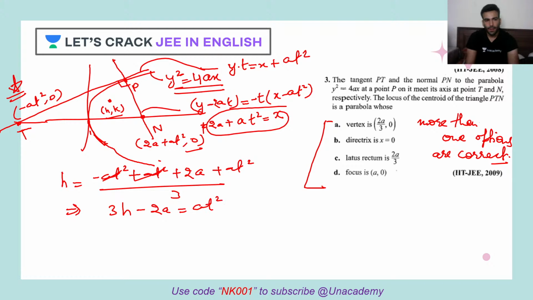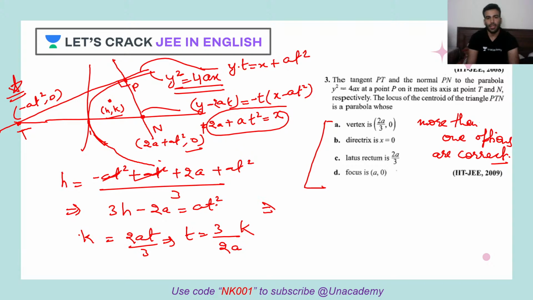And similarly, when I use centroid, k will be equal to the y coordinate. K will be 0 plus twice of at by 3. So my t will be 3 divided by 2a into k. So now, as we know t is variable, we can eliminate it.